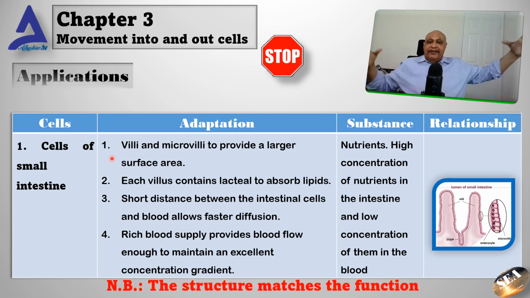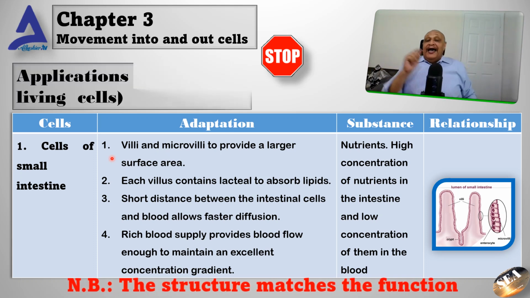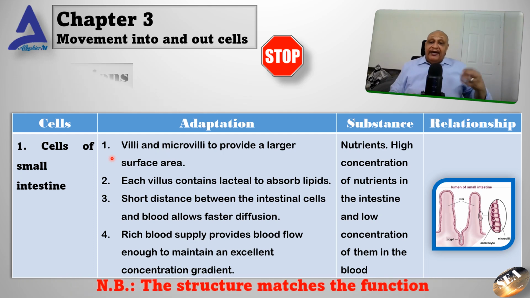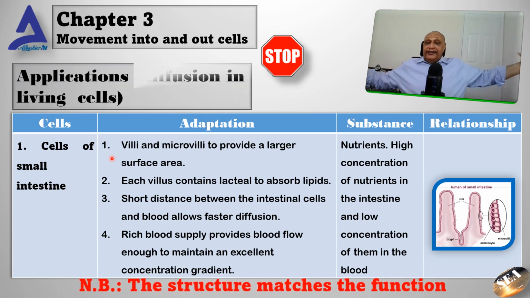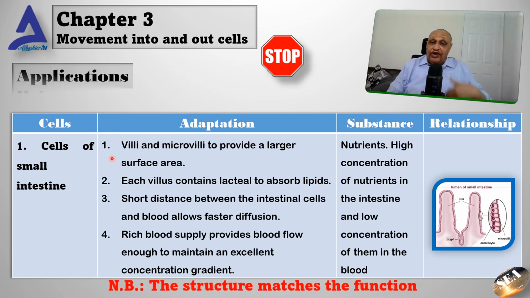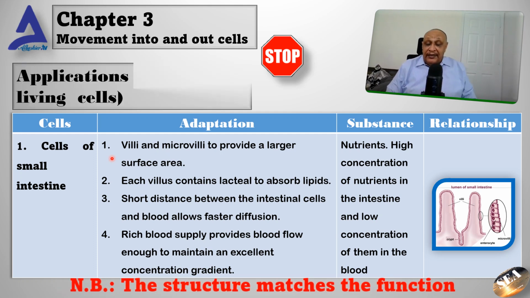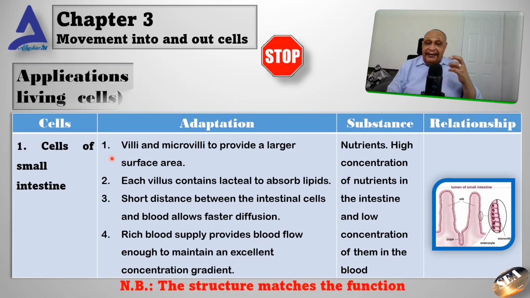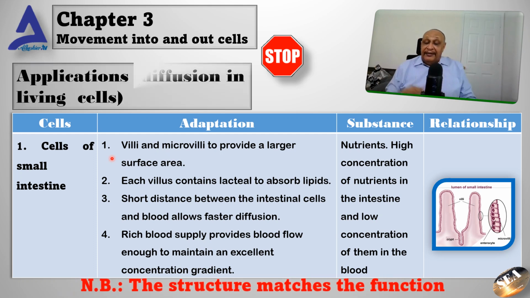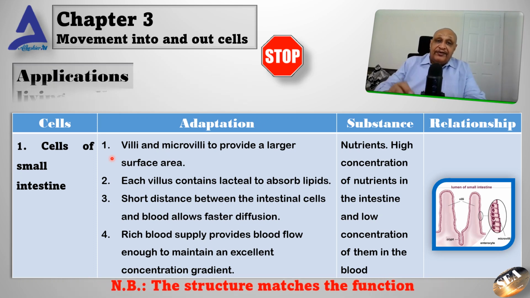So there is a big difference between them. This is a directly proportional relationship: whenever the concentration gradient increases, the rate of diffusion increases. So the rate of diffusion of nutrients towards the blood is very good, and the intestine moves its contents into the blood after digesting it.